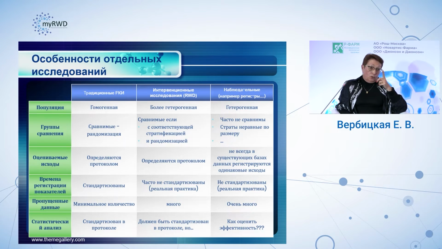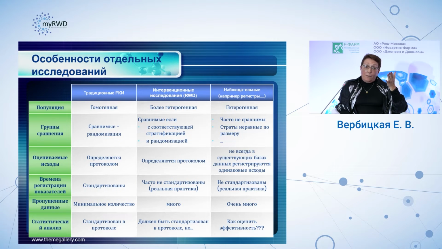We have traditional, interventional, and observational registers. What is the population different from? Traditional, heterogeneous, the groups of comparison.